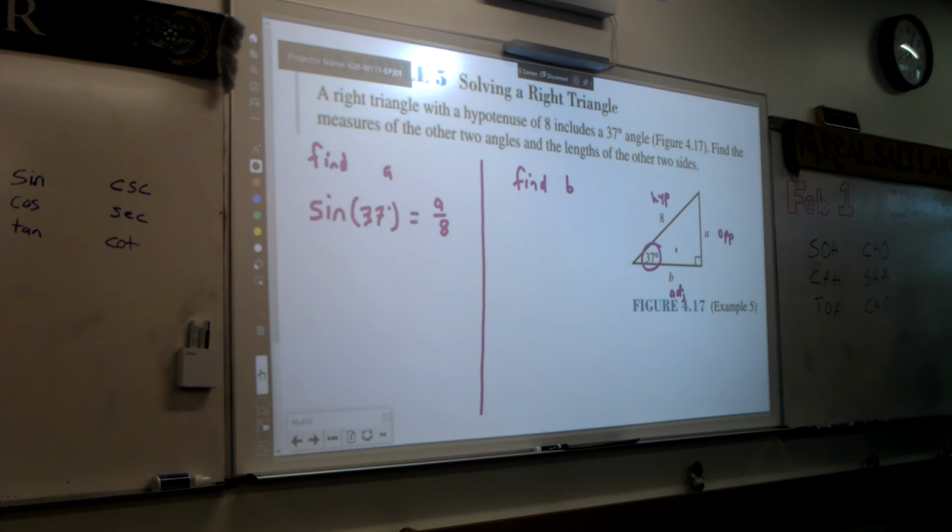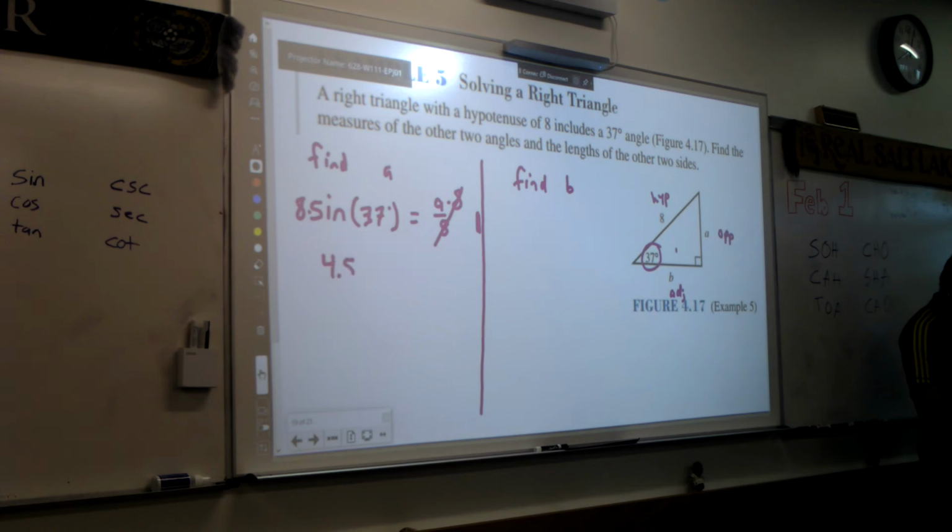Because that's the biggest struggle people have, is they're like, well, how did you know it was sine, not cosine or tangent? Opposite hypotenuse. Perfect. Okay, keep going. Okay, cool. And then what does that give you?